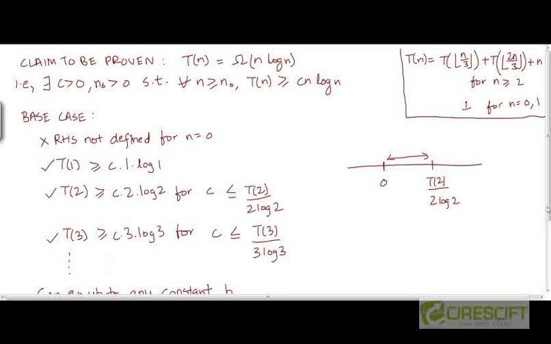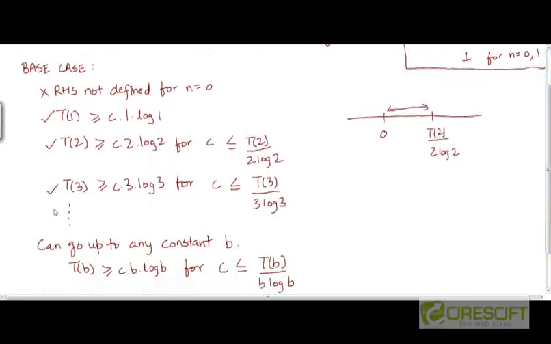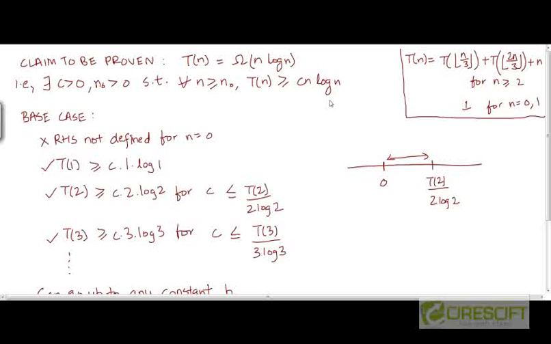So in this way, we can go up to any constant b. If you want to prove that this claim is true for the first 50 numbers, we can prove that in the same way.